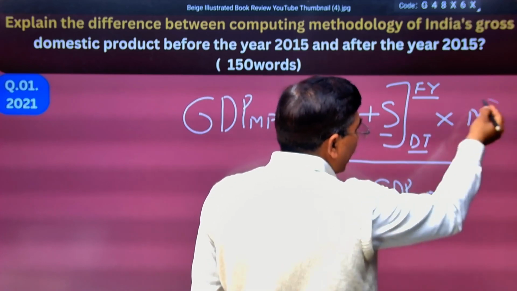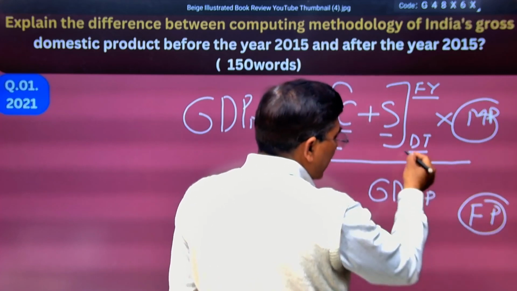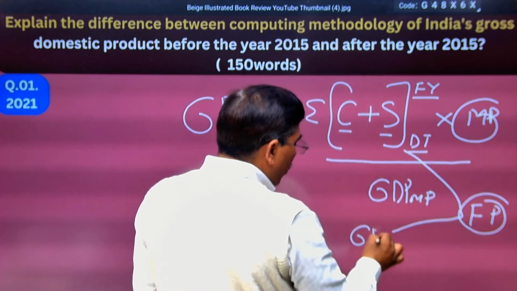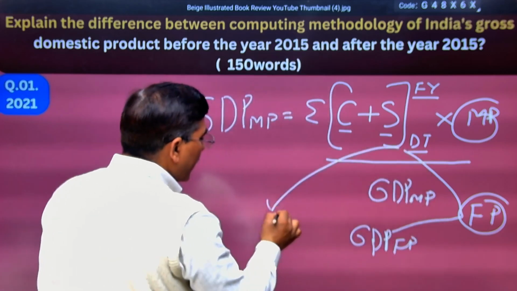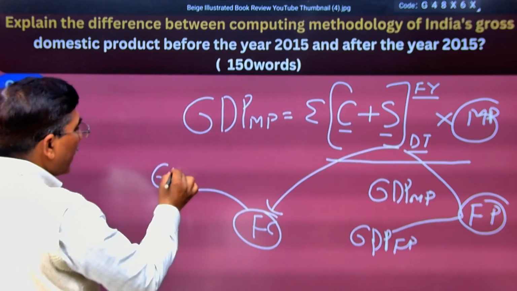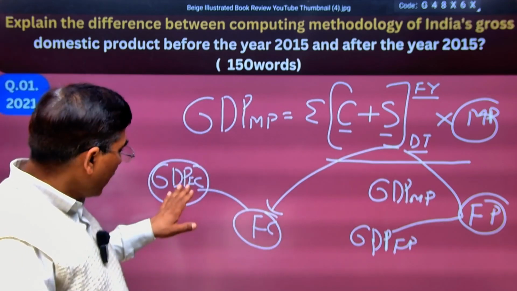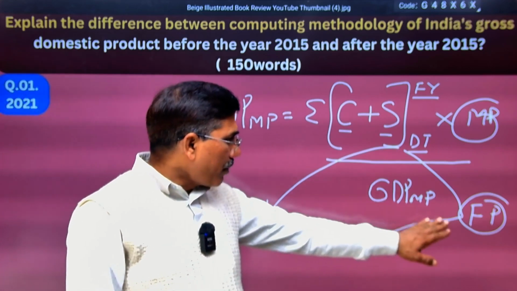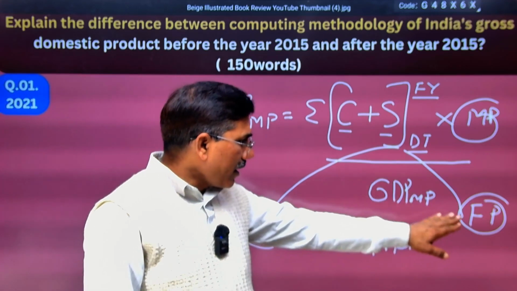And if it is calculated on fixed price or base year price, that is known as gross domestic product at fixed price. And if it is calculated at factor cost, then it is known as GDP at factor cost. Now you have to be clear about the three concepts: factor cost, market price, and fixed price.